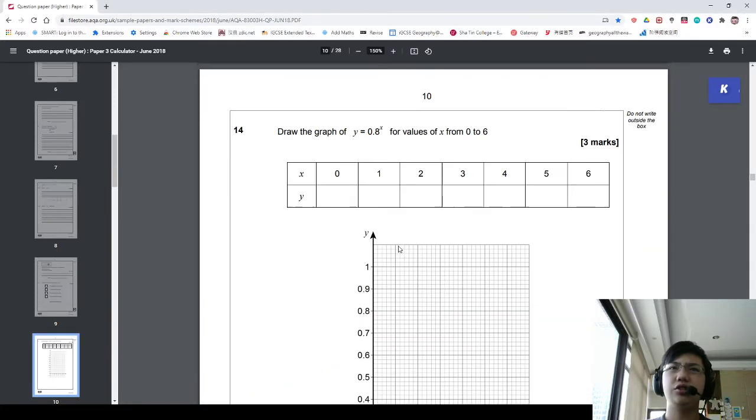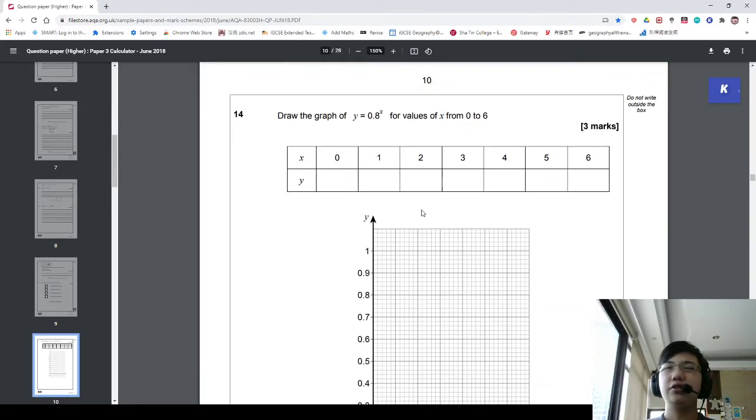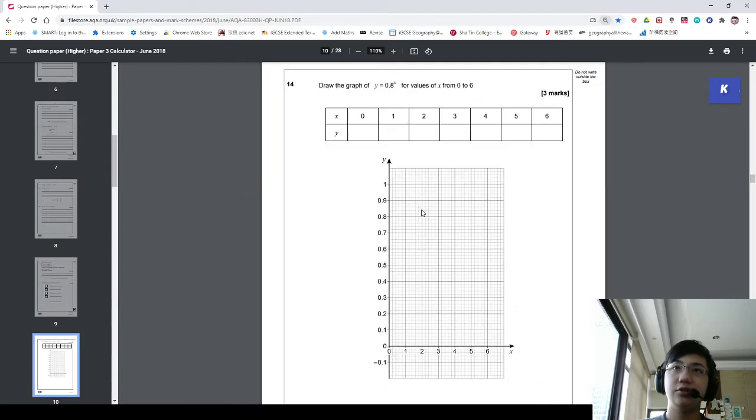Moving on to question 14, we need to draw the graph of y equals 0.8 to the power of x, for values of x from 0 to 6.